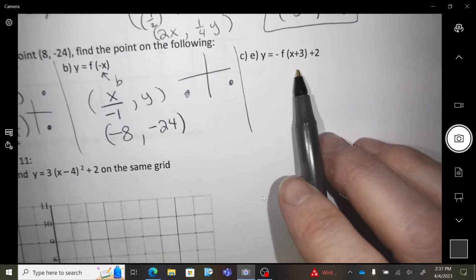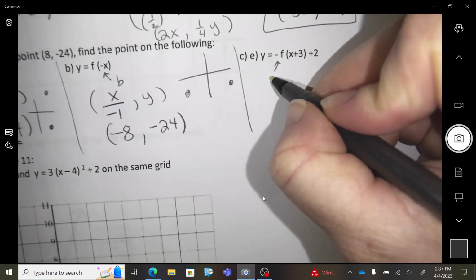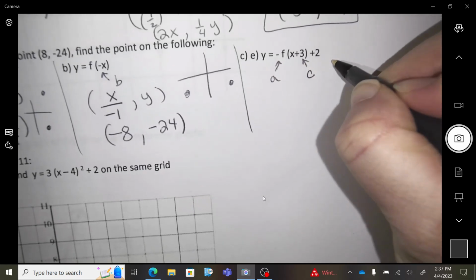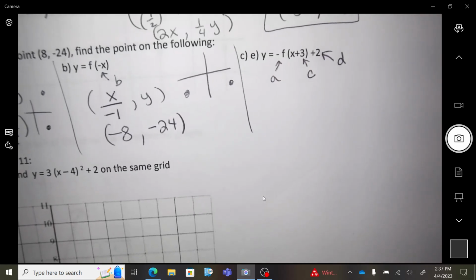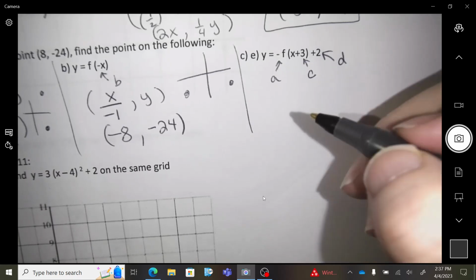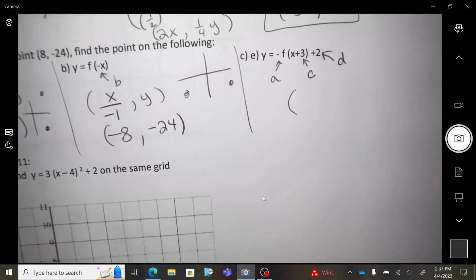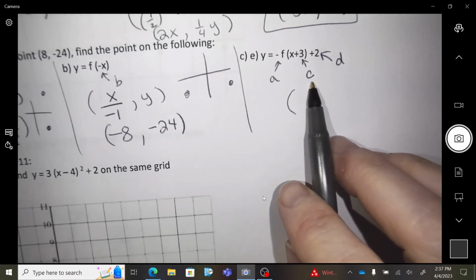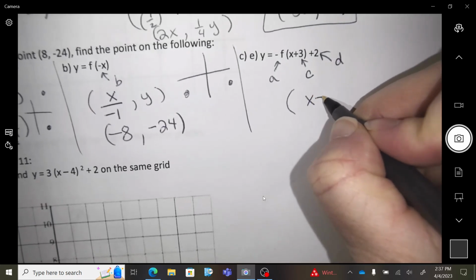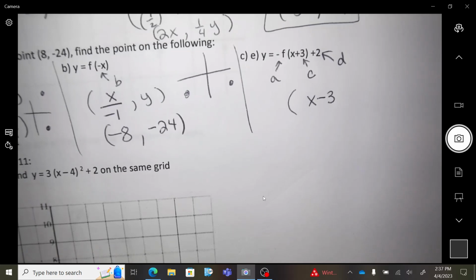Next question. We have an A, a C, and a D, right? You recognizing them all? Okay, so which things change with the X? Just the C. So X minus 3, opposite.